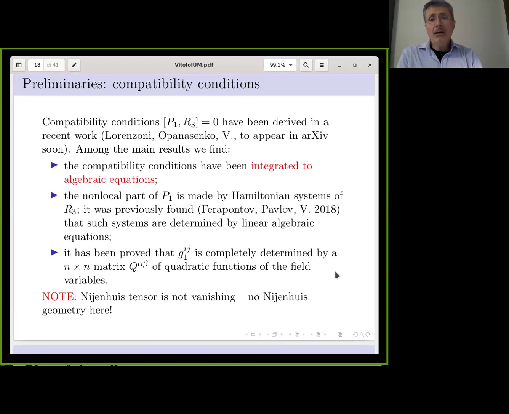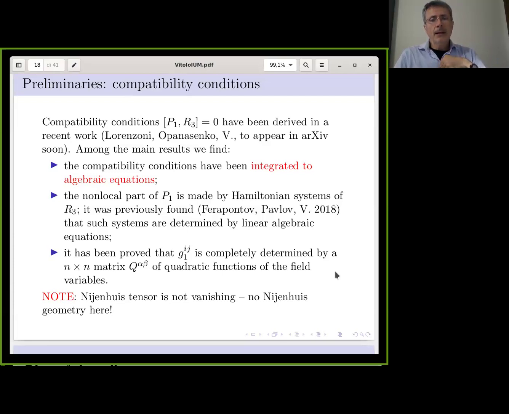Among the main results in this paper is the fact that the compatibility conditions have been integrated to algebraic equations. So we have got rid of all differential equations. They are completely solved. And the set of residual conditions are algebraic equations, which hence are just the intersection of some algebraic varieties. For this reason, the family of operators P1, R3 is parameterized by a finite number of constants once you fix one of the two.